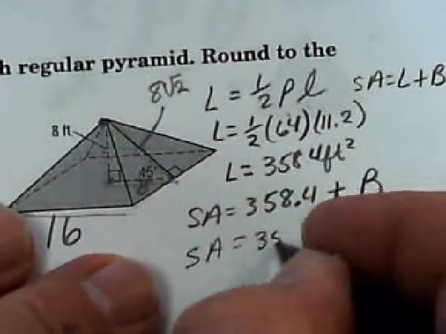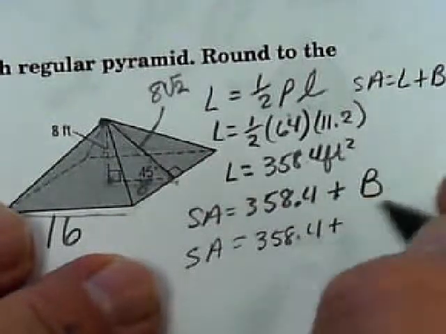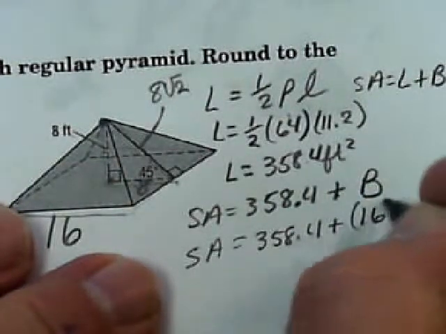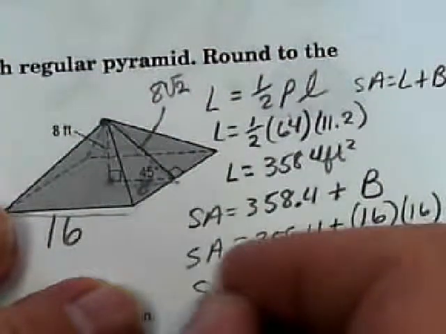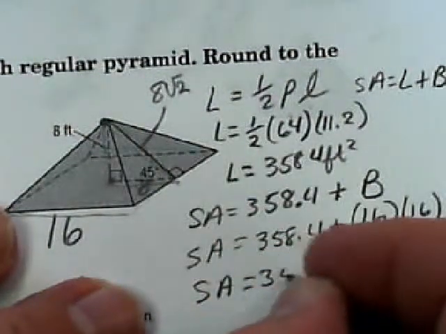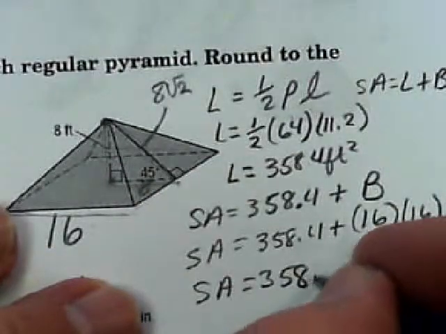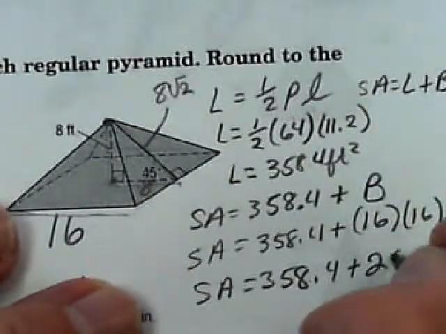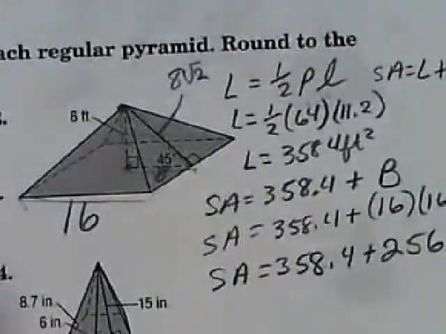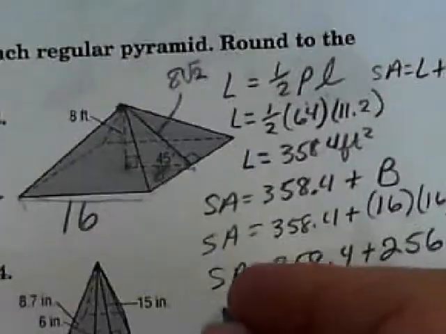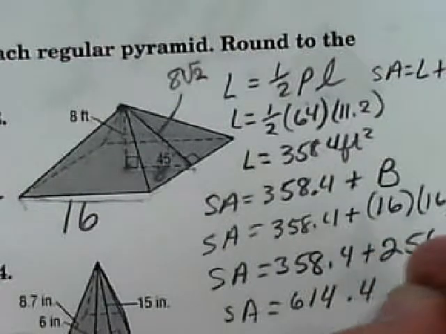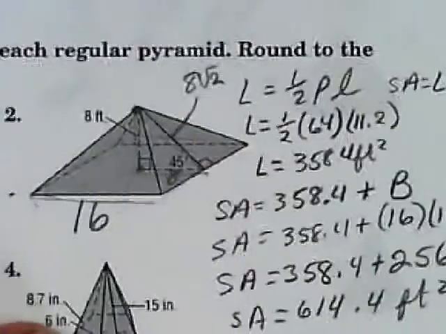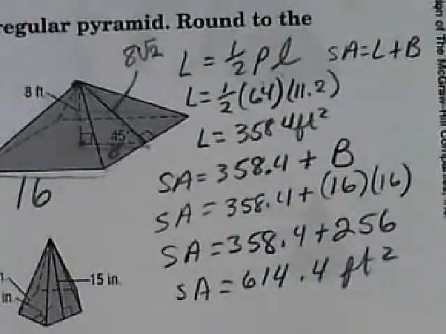So I'd have 358.4 plus 256, and I got 614.4 feet squared. So that one's not so bad either, is it?